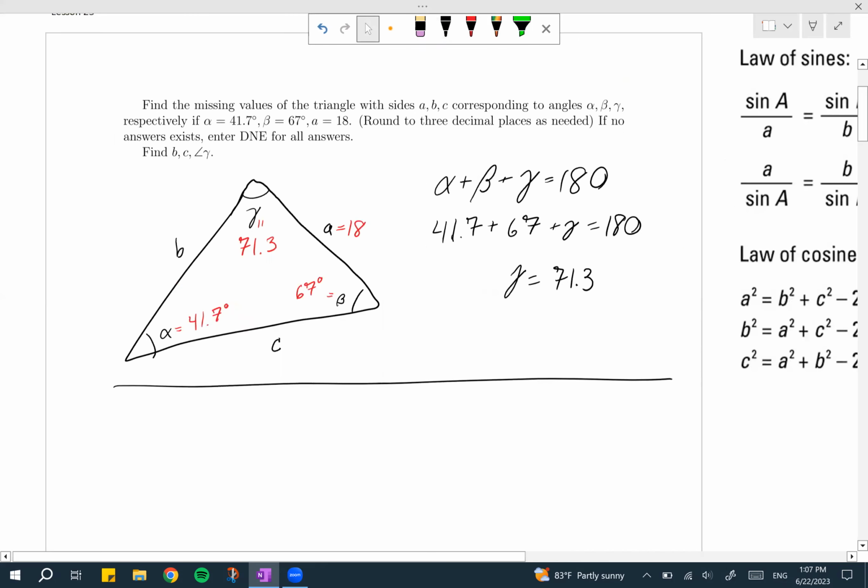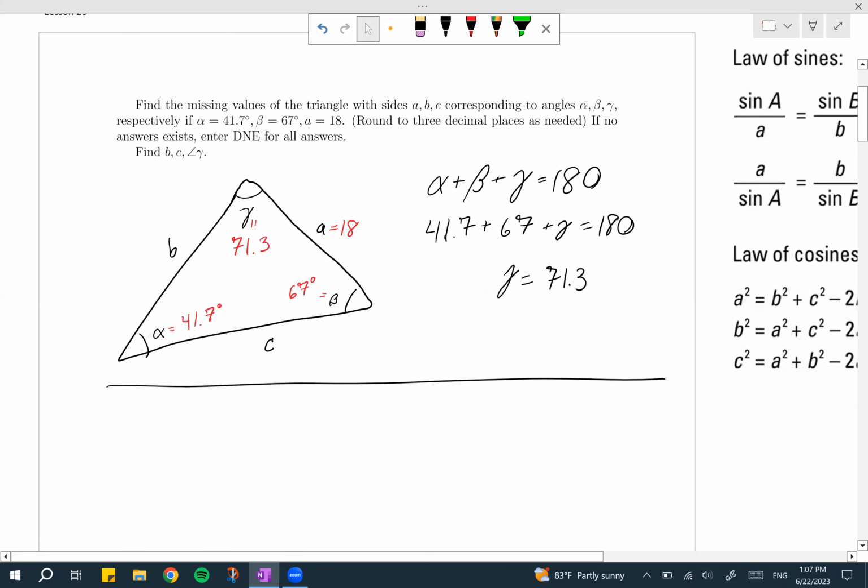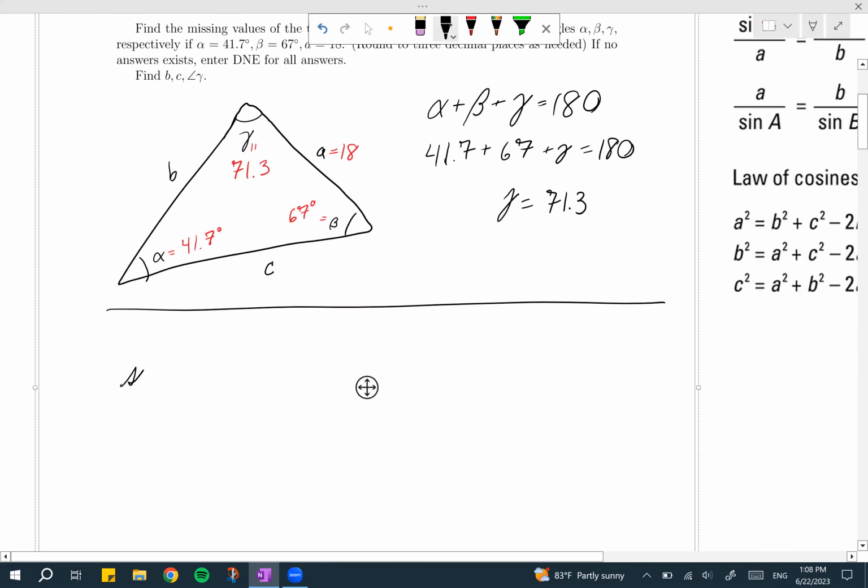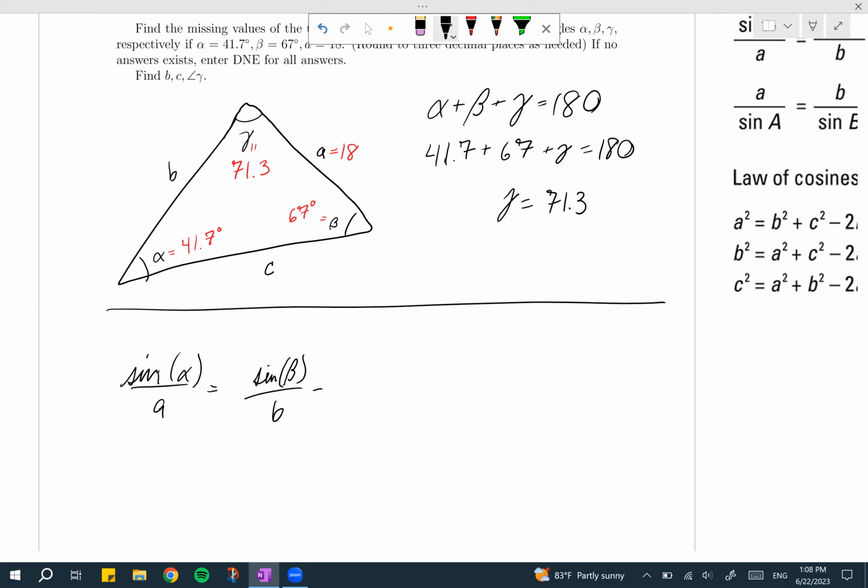Coming back here, I know that sine of alpha over A is equal to sine of beta over B is equal to sine of gamma over C. I know what my A is, they told me that. I know what my alpha, beta, and gamma are, so I can start to fill this in.